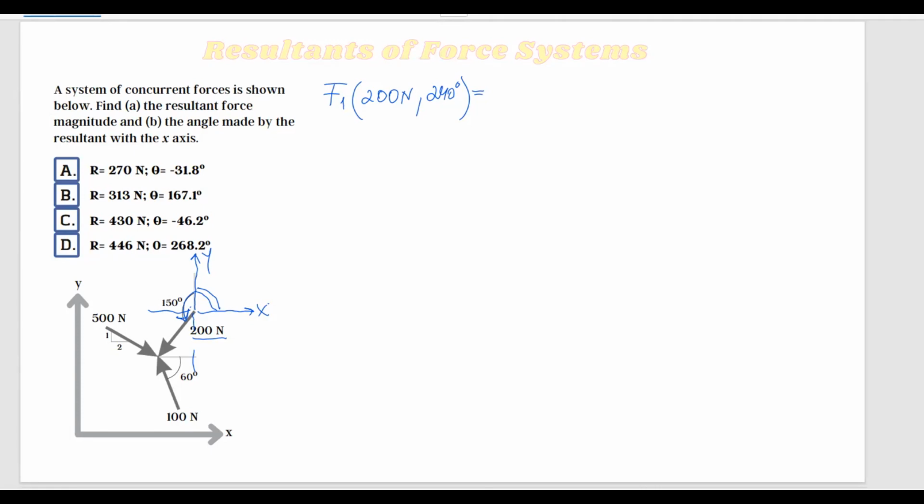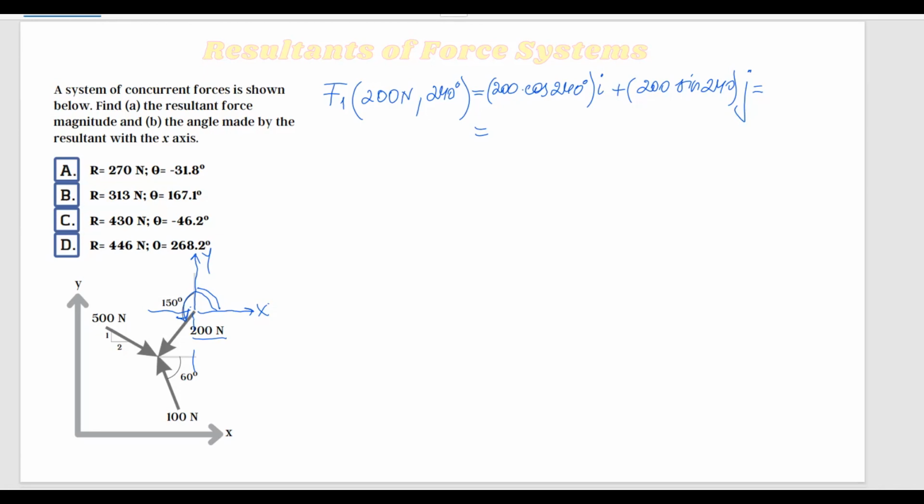In our case, the r is the force, 200, multiplied by cosine of 240. This is the I component, plus 200 sine of 240, and this is J. So take your calculators.